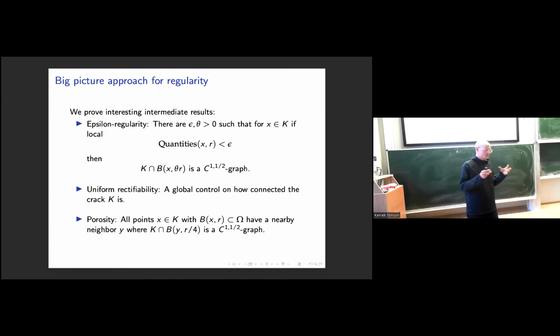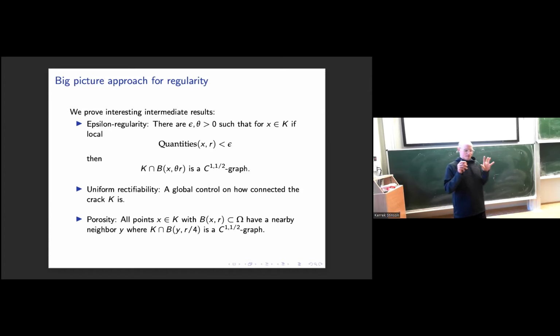And so this porosity result, you should think of it like, intuitively, something is porous if it has a bunch of holes, and if I tried to pour fluid through it, the fluid would actually get to the other side. When we talk about porosity, really we're talking about the porosity of the singular set, this K star. The porosity result says, take any point on the crack, you can jump close by to a neighbor, and this neighbor is actually a regular point.